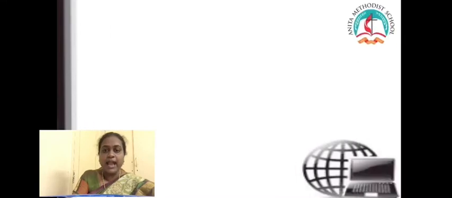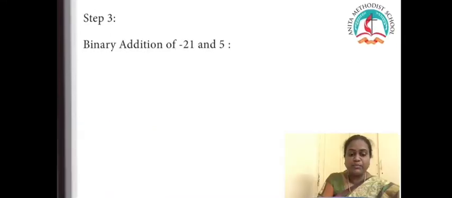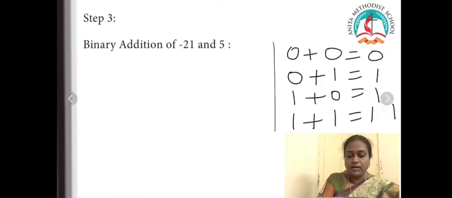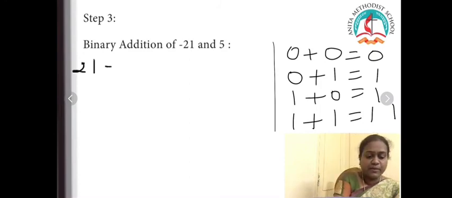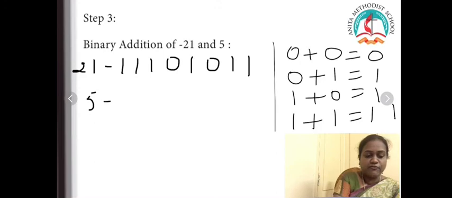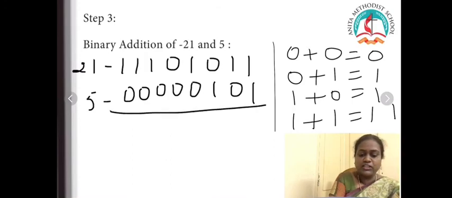The third step will be adding the two numbers, the binary addition. So this minus 21 and 5 here. We have converted minus 21 and 5 also we have converted. I want you to keep this rule, I remind you of this rule. So for 21 the value will be 1 1 1 0 1 0 1 1, and for 5 it is 0 0 0 0 0 1 0 1.